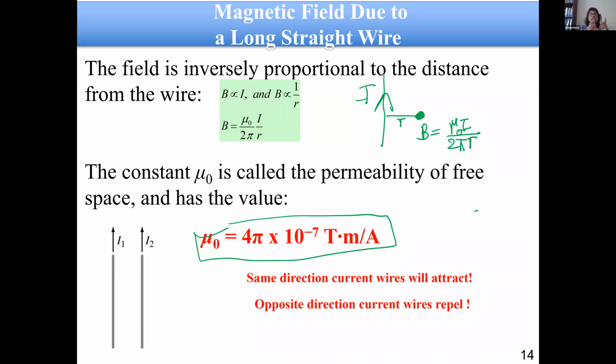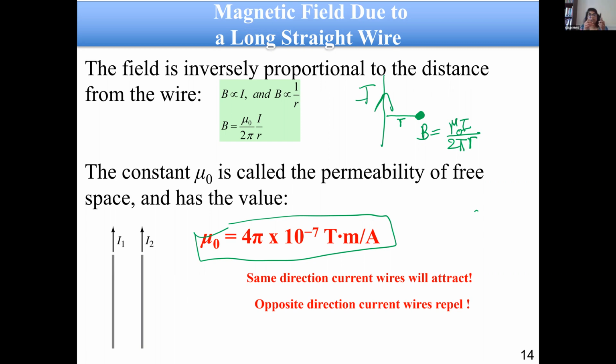With current going upward in this wire, the magnetic field will be pointing in this direction. Now this wire is sitting in a magnetic field that goes this way, and the current is upward. So now you're going to use your rule.